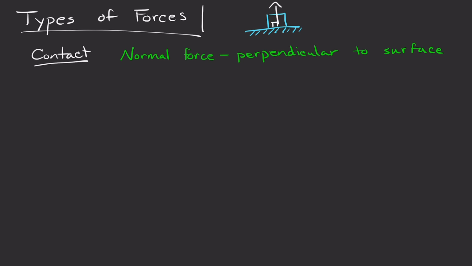And so sometimes in math and in physics, we call perpendicular, we call that normal. So another word for perpendicular is normal. And that's why this is called a normal force. Okay. And so this is the force that keeps an object from going through the surface.